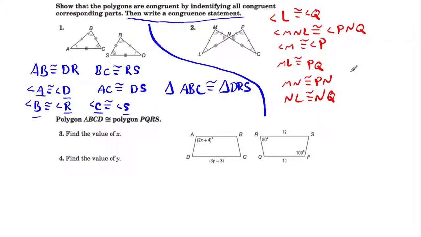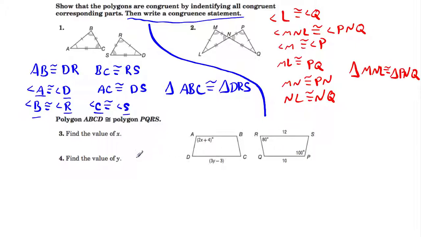So what would be the triangle that we would say? Well, actually, we have this angle here, MNL and PNQ. So we can say triangle MNL is congruent to triangle PNQ. And that's nice.